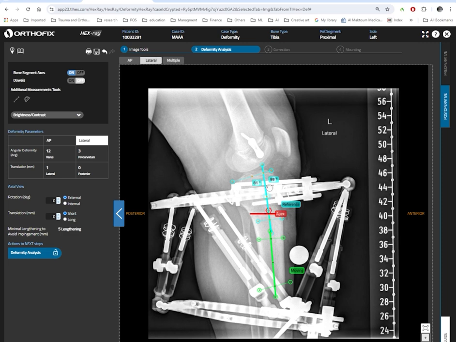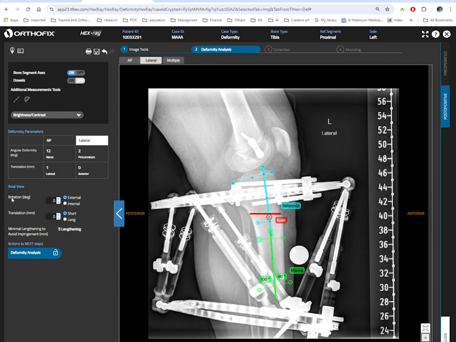If you remember, the posterior tibial angle, the proximal posterior tibial angle is 81 degrees. So this is almost there. Okay, so this will give us 2 degrees of procurvatum and 0 degrees of anterior translation. I'm happy with this one.